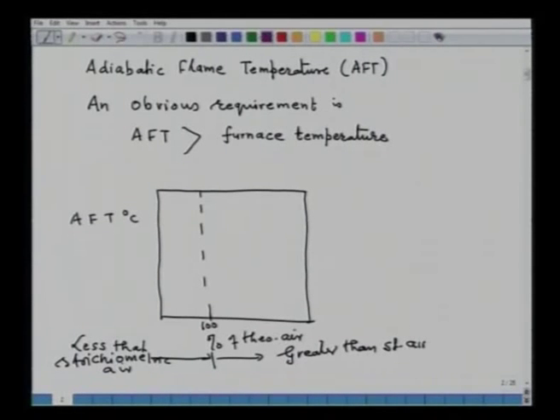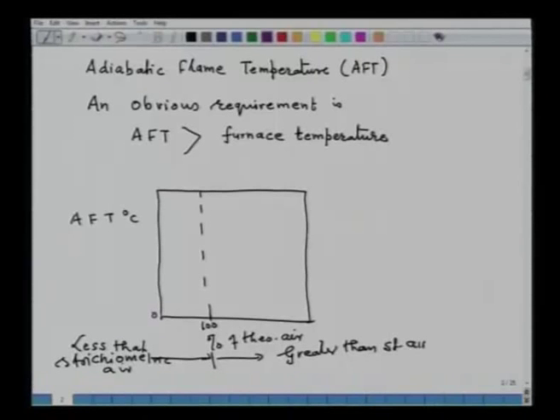We have also calculated in lecture 12 how the amount of air above stoichiometric decreases the flame temperature, by taking one example. Now, here it starts from 0 and as you increase the amount of air, the adiabatic flame temperature attains its maximum value at the theoretical amount of air, and then it again begins to decrease as you increase the percentage excess air.